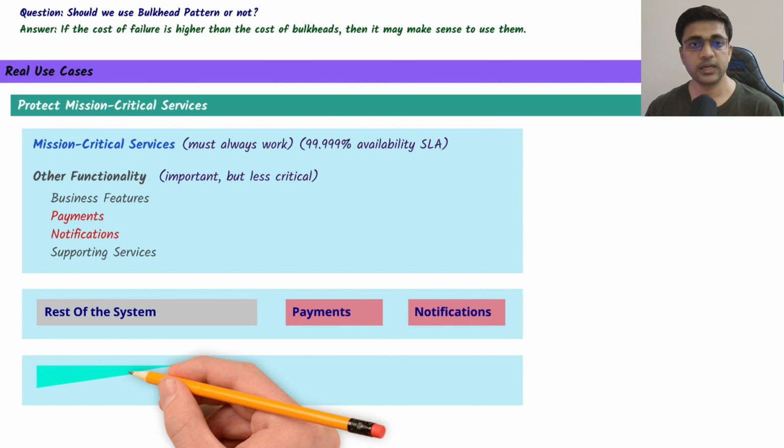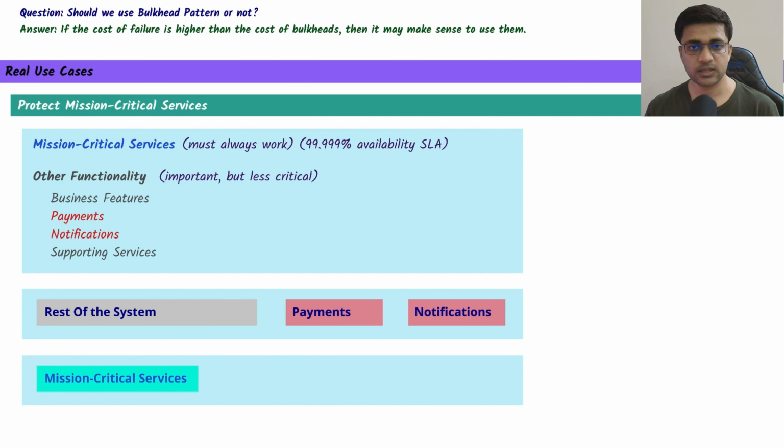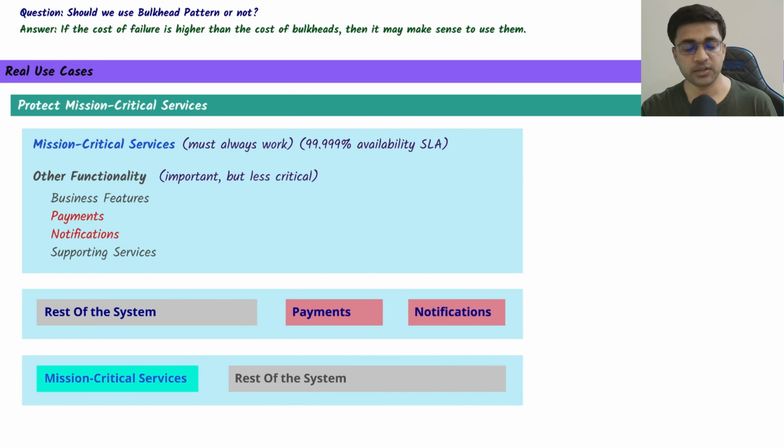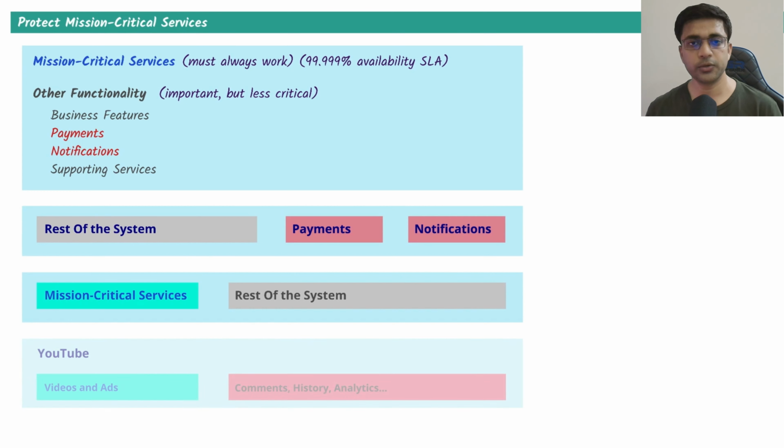Or we can design it the other way around, keeping the mission critical services in one bulkhead and everything else in another. By isolating the mission critical area itself, we prevent even unknown or future failures from spreading into it. To better appreciate how powerful this idea of isolating mission critical services can be, let's see a few examples. Take YouTube. The videos are playing fine, but the comments area is unavailable.